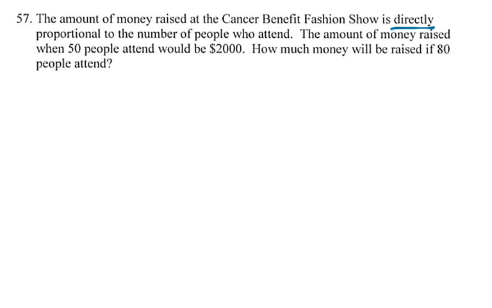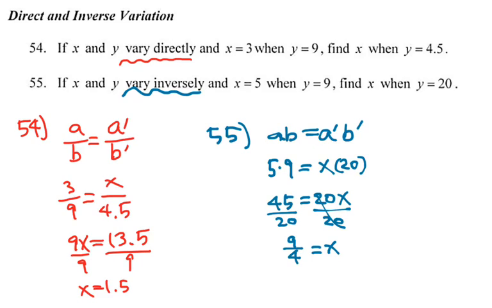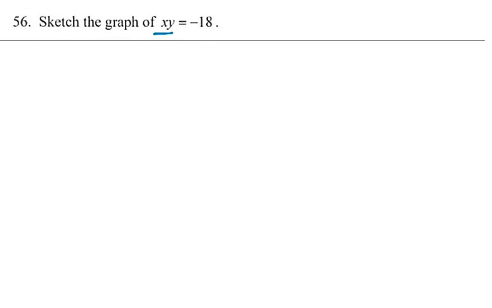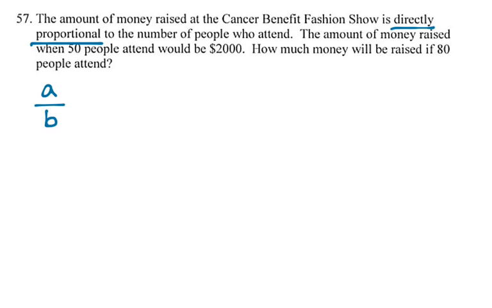Number 57. I like to highlight the words as you are reading this one. Directly proportional. That means, as you talked about from number 54, we're going to set up a ratio. A over B is equal to A prime over B prime.